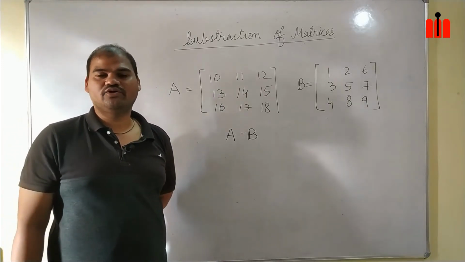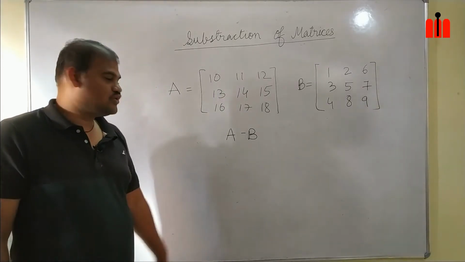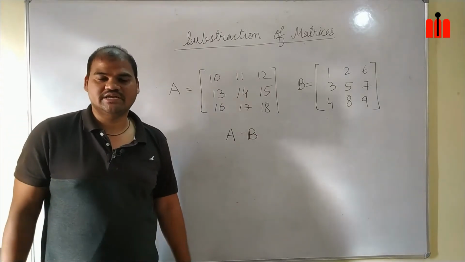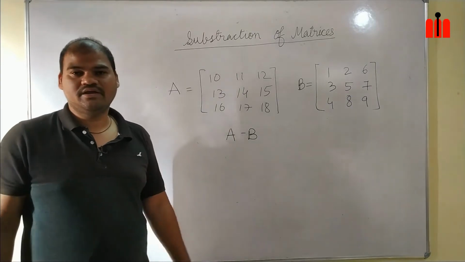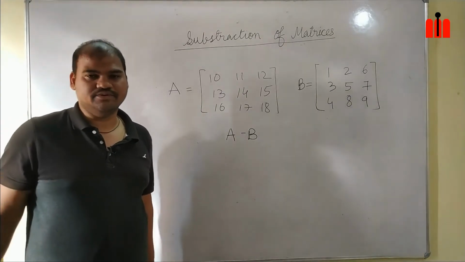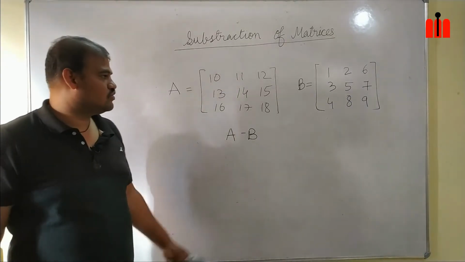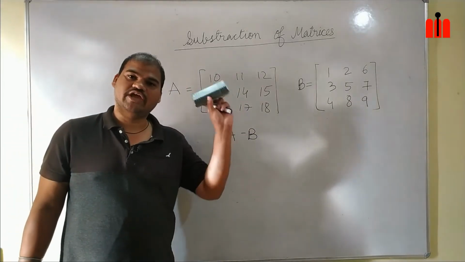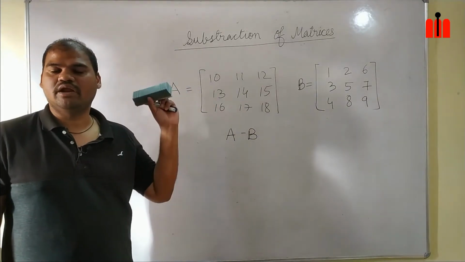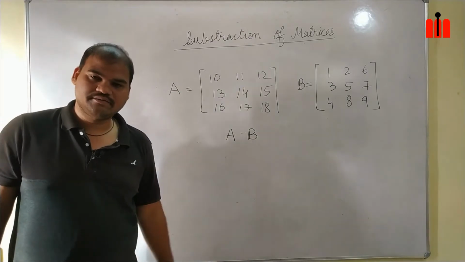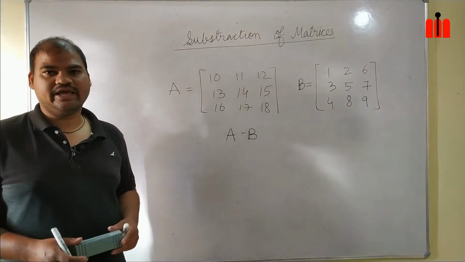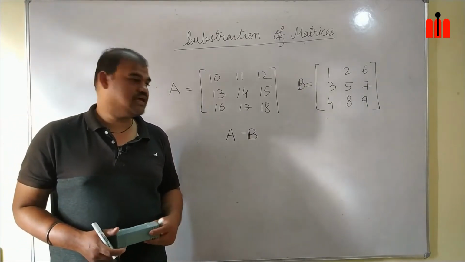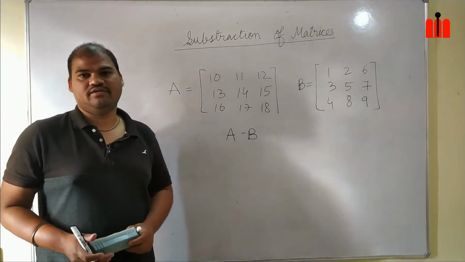A minus B is not equal to B minus A. That is the difference between addition and subtraction. A plus B can be written as B plus A, but here A minus B is A minus B only. The way of working is similar to addition, but for properties you have to take care that there is a subtraction sign in between.